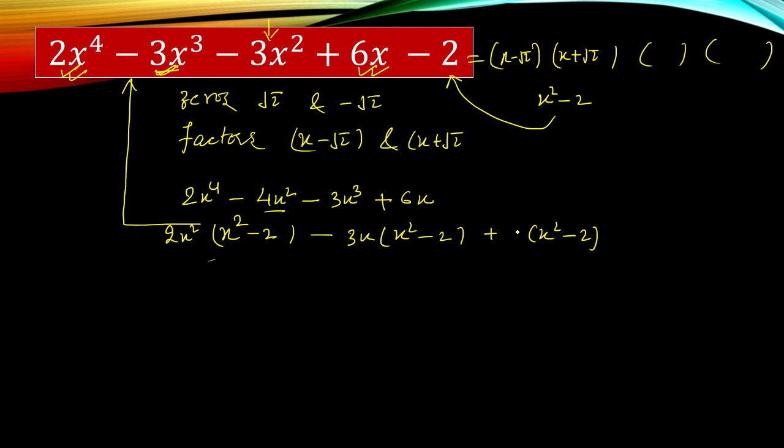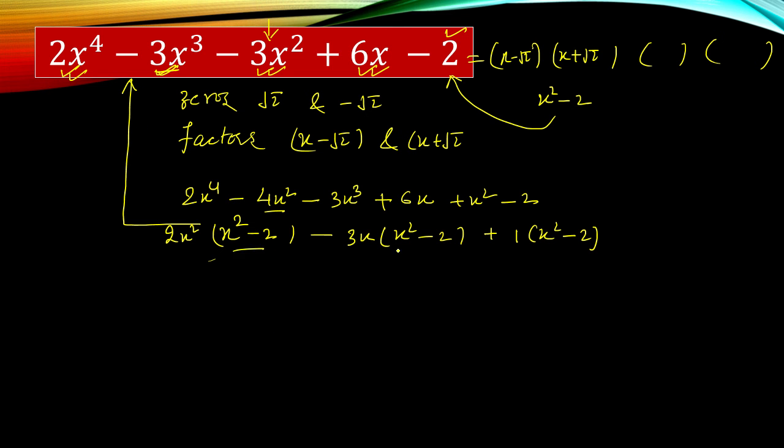If we are multiplying here by 1, it should be plus x square. So minus 4x square plus x square will give us minus 3x square. This task is also completed. 1 multiplied by minus 2, definitely we are getting minus 2. So this calculation is actually the polynomial.